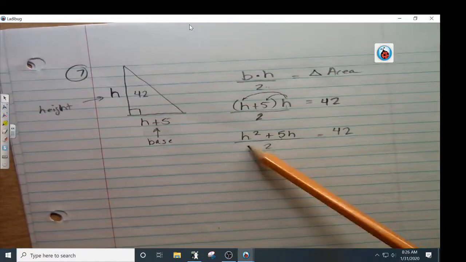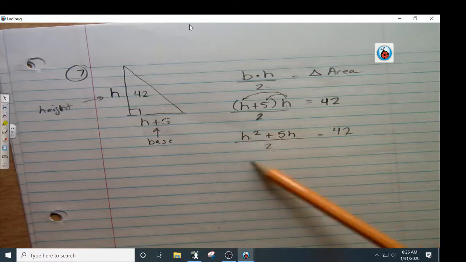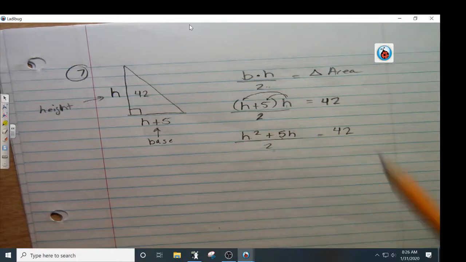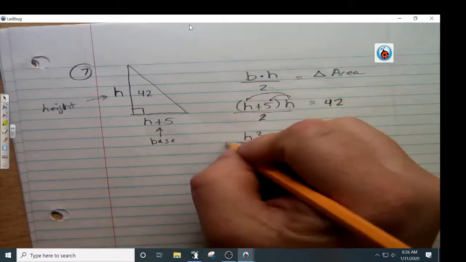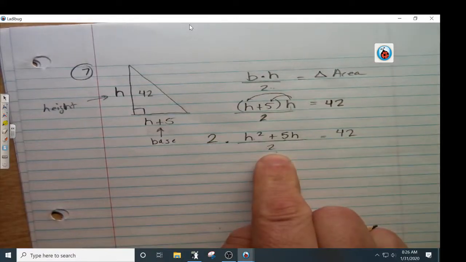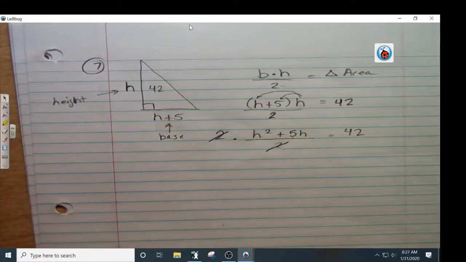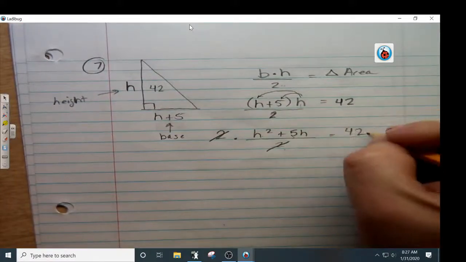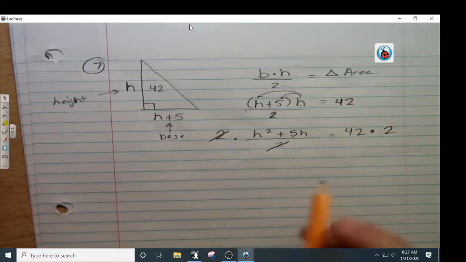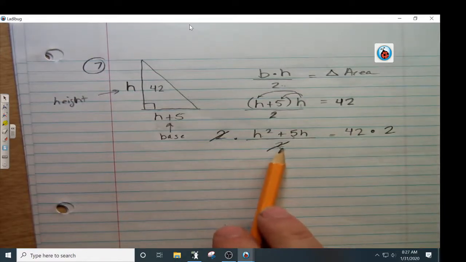my variable is tied up in this fraction. How do I get rid of a fraction like this? You multiply it by the bottom. Okay, so in that case, what's on the bottom is a 2, so I'm going to multiply it by 2. Guys, these will always cancel. Every time you do that, it will cancel. But this one right here, I'm trying to get rid of the fraction.